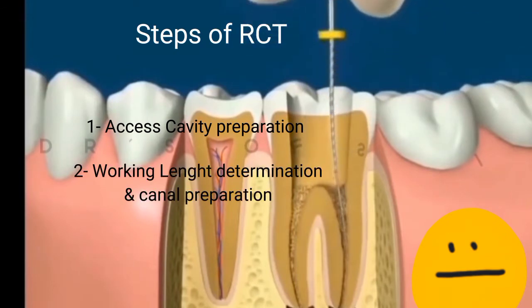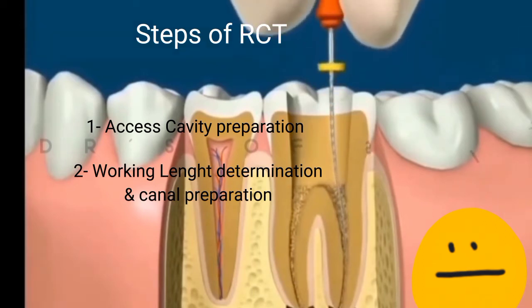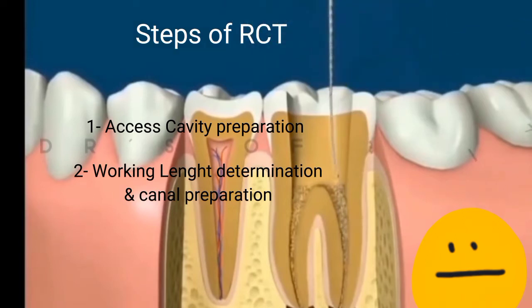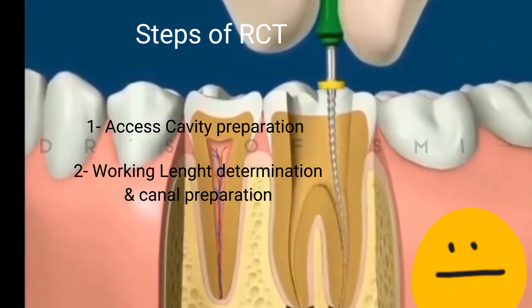The second step of RCT is working length determination and canal preparation. In this step, we record the lengths of the canals by keeping files in them and taking a radiograph. This measurement shows us the precise length in which we will carry out the procedure and do filing.